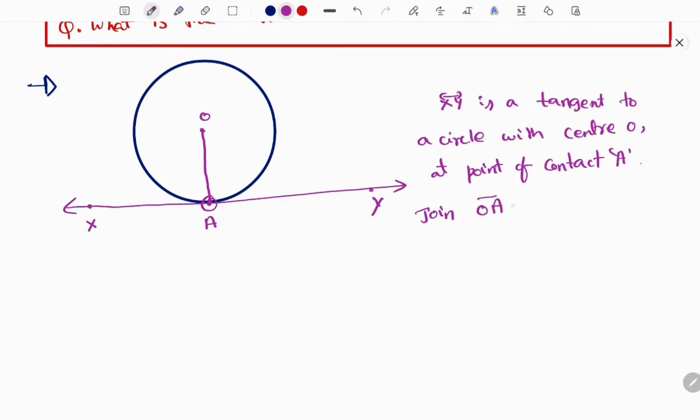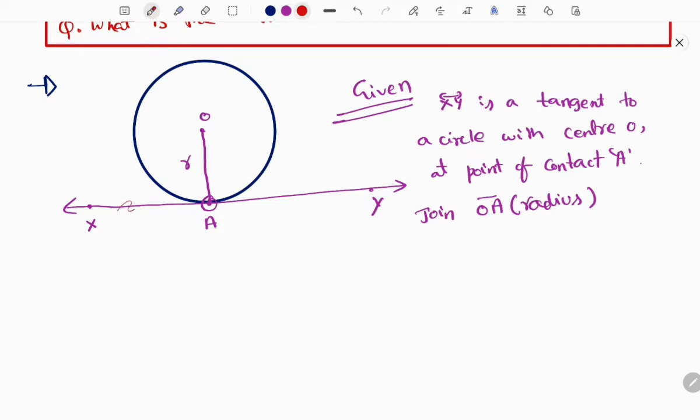What is OA? OA is nothing but the radius of the circle. This is the given information.